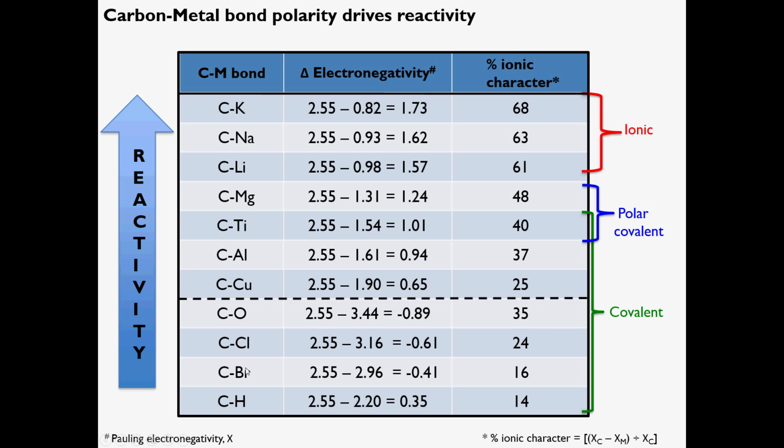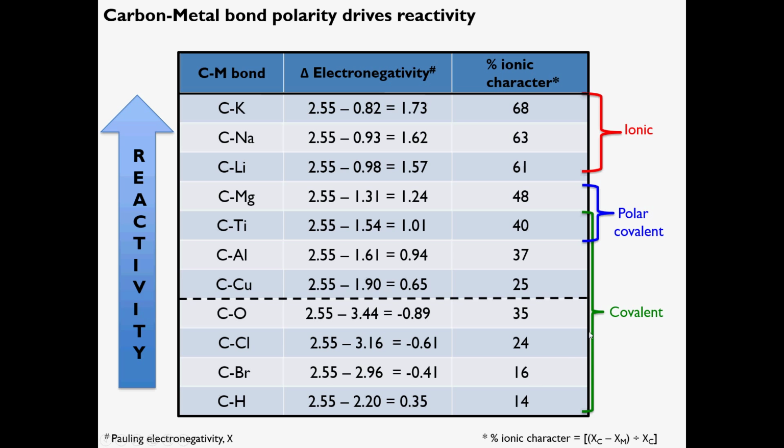For instance, if we take the carbon-chlorine bond, we know that chlorine, as we saw a few slides ago, is more electronegative than carbon. That doesn't really matter when we're talking about ionic character. That's about 25% ionic character. Carbon-bromine, because bromine is closer in electronegativity to carbon than chlorine is, has much less ionic character.